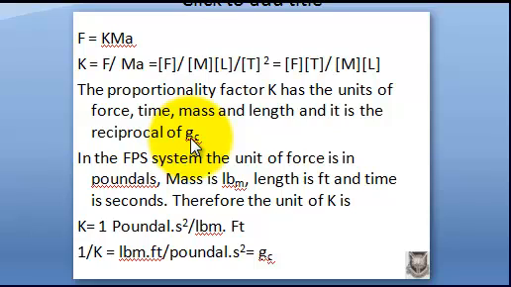This proportionality factor K has the units of force, time, mass, and length, and it is the reciprocal of GC. So in the FPS system, where the unit of force is in poundal, mass is in pound mass, length is in foot, and time in seconds, therefore the unit of K is as displayed, and GC is the inverse of the unit of K as expressed in the slide shown.